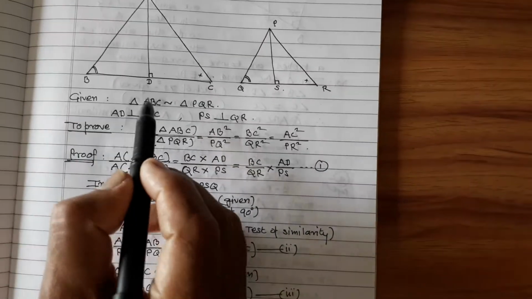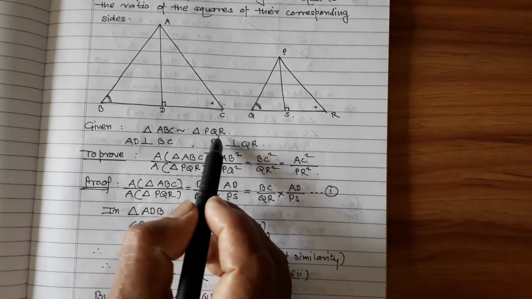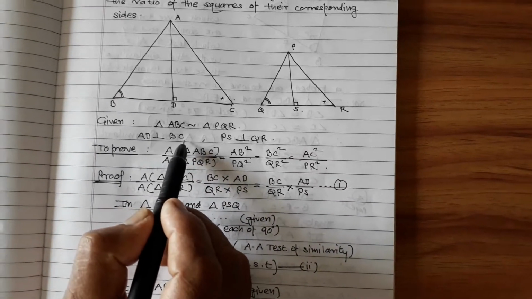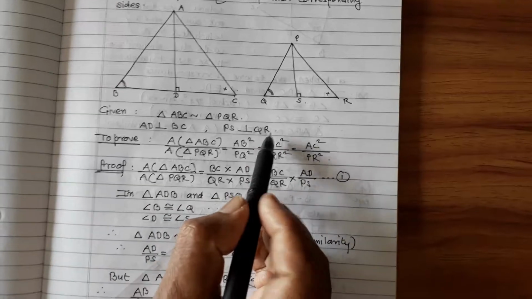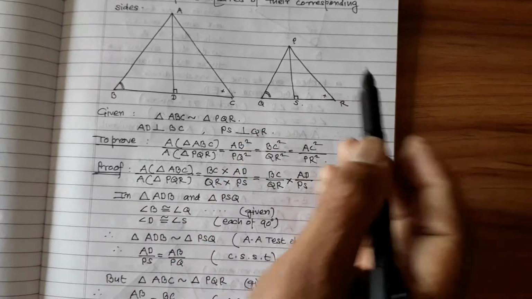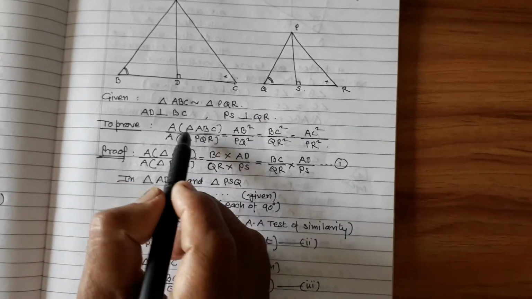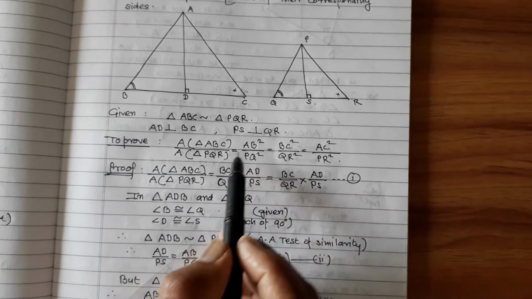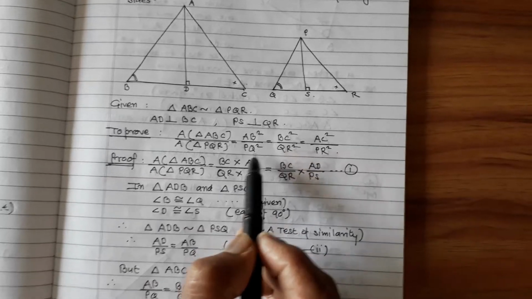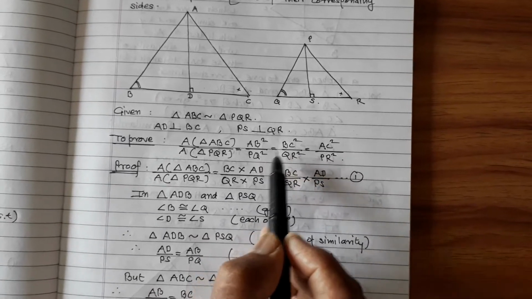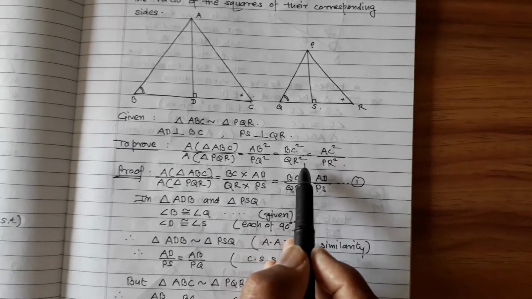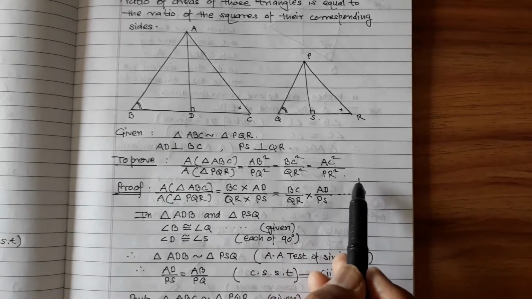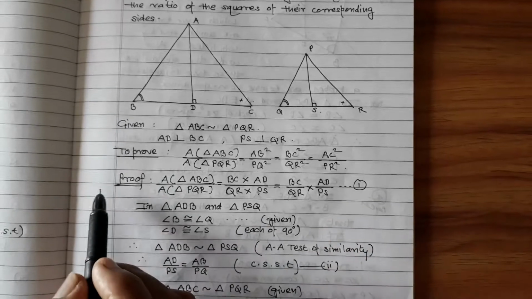Given: triangle ABC is similar to triangle PQR, AD perpendicular to BC and PS perpendicular to QR. To prove: area of triangle ABC upon area of triangle PQR is equal to AB square upon PQ square, is equal to BC square upon QR square, is equal to AC square upon PR square. Okay, now the proof.